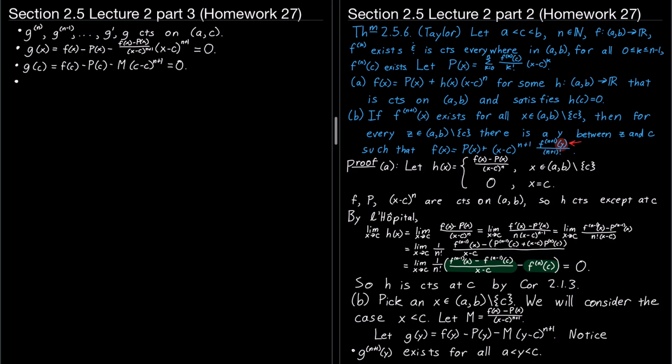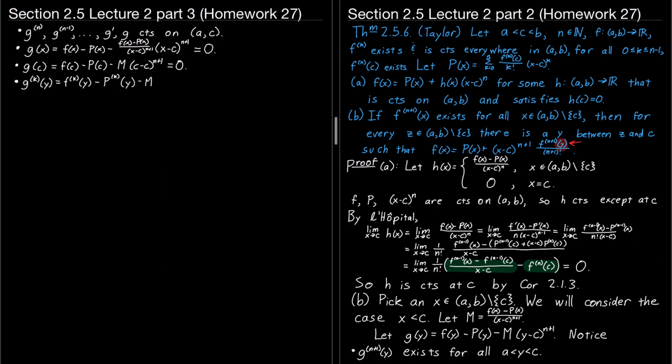Finally, let's differentiate g. The kth derivative of g, derivative with respect to y, is still treating m as a constant. That's the kth derivative of f minus the kth derivative of our polynomial.